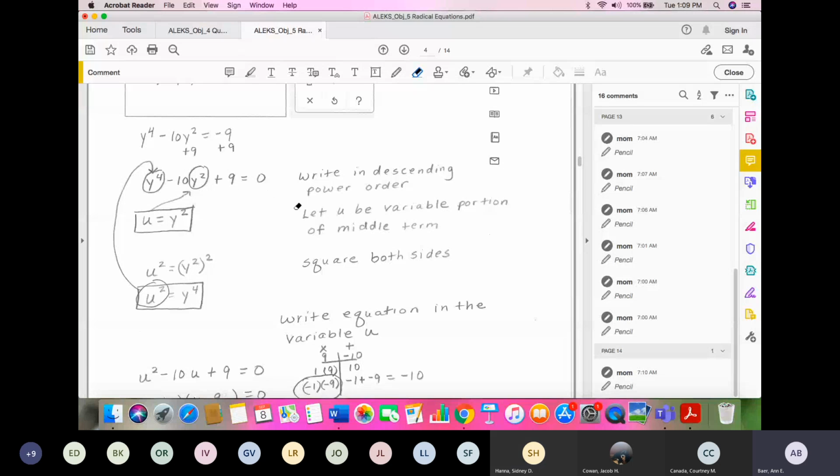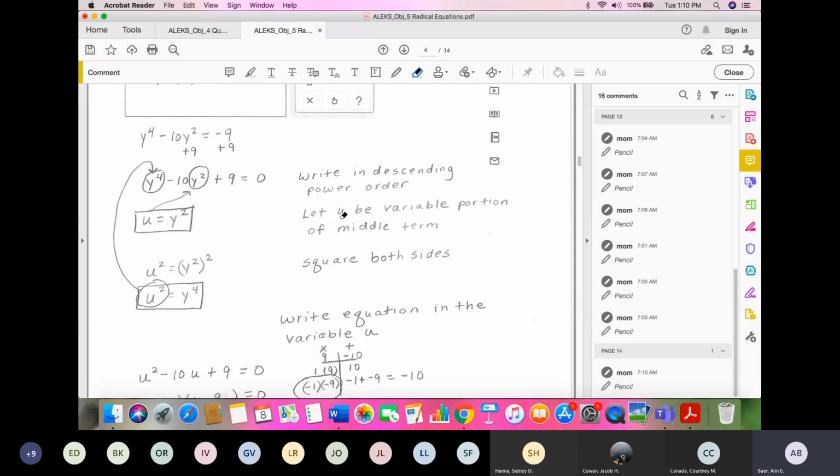You could use whatever you want, but what we know works in math is, when we have a quartic like this, a fourth degree equation, and we have this type of equation, picking whatever your favorite letter is, you can't pick y though, because it would be confusing. It doesn't matter.